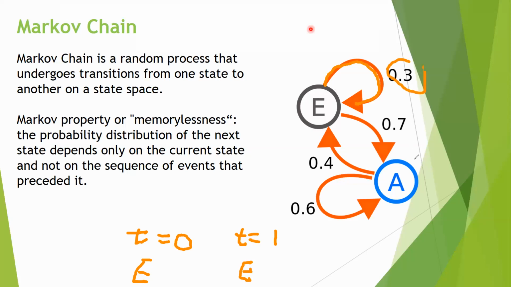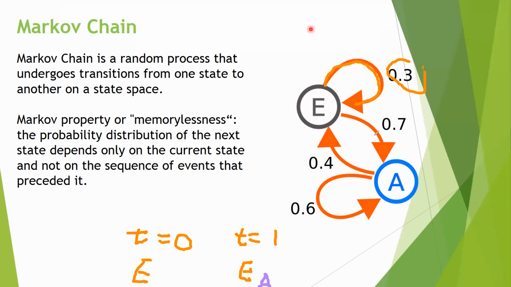This is one possible outcome at t equals 1. Or the chain could migrate into the A state, which is another outcome for t equals 1.